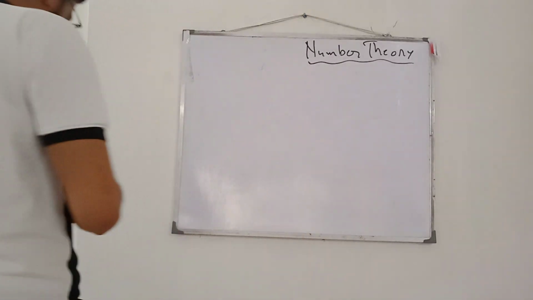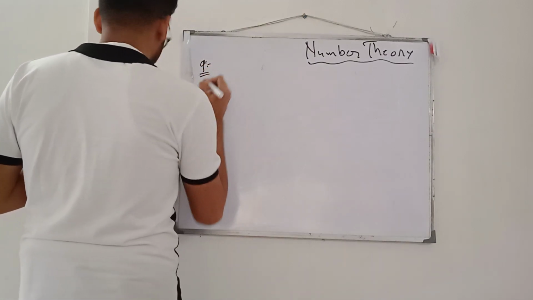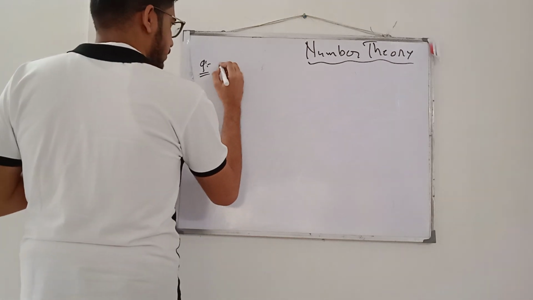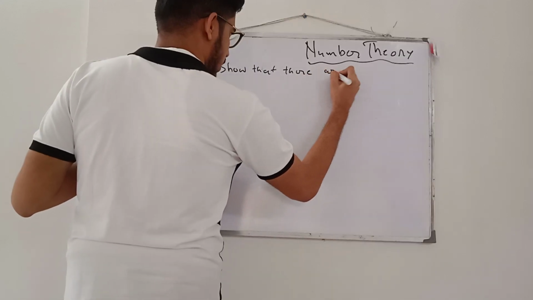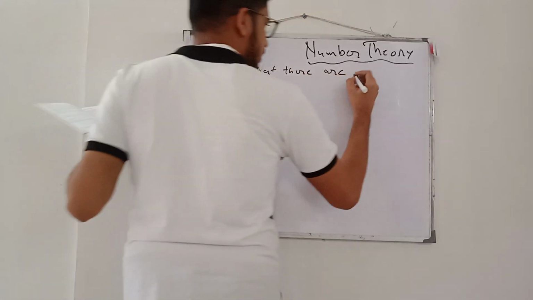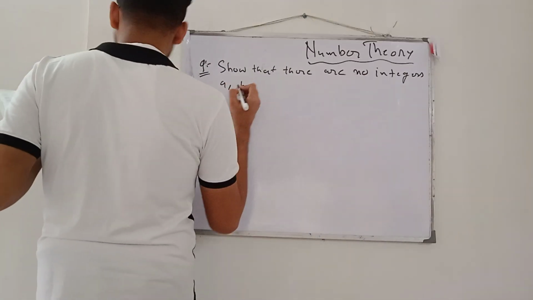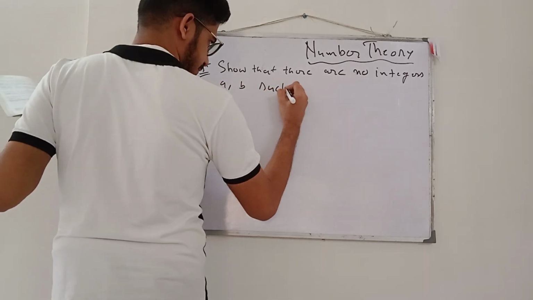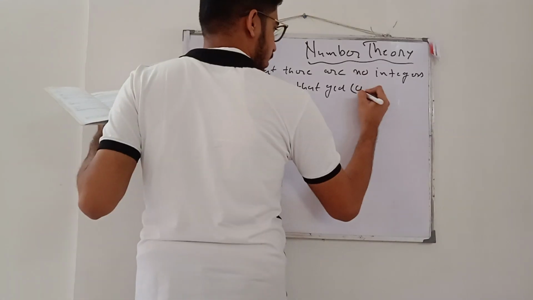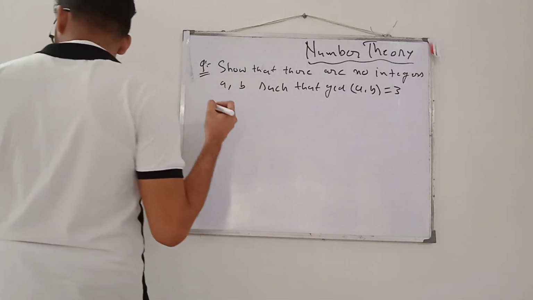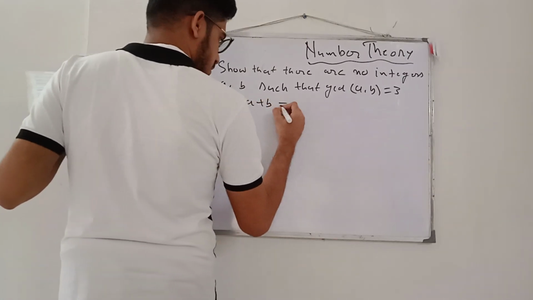Suppose the question: show that there are no integers a, b such that gcd(a, b) is equal to 3 and a plus b is equal to 100.